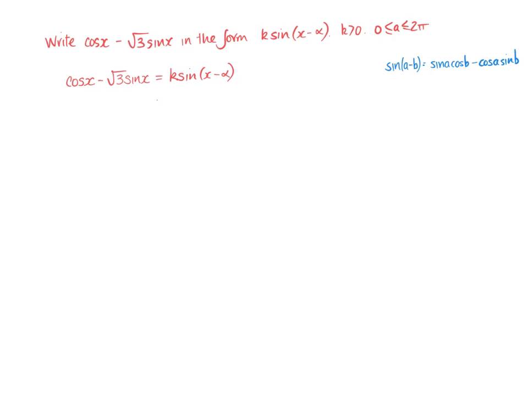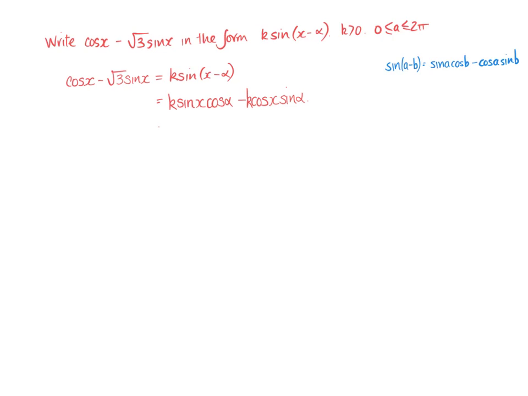So we multiply this out, we can put the k at the front, so we're going to get k sine, our a is our x, our b is our alpha, so we're going to get sine x cos alpha, take away cos, and we've got the k in there as well, can't forget that, k cos of x sine of alpha.